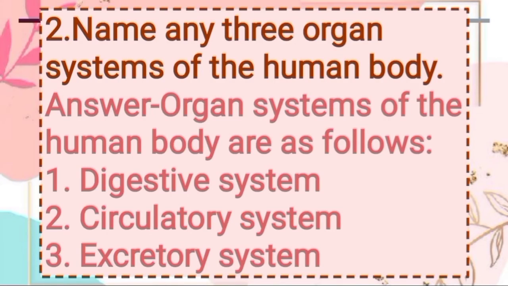Now second question, name any three organ systems of the human body. Answer, organ systems of the human body are as follows. First, digestive system. Second, circulatory system, which is an organ system that helps to transport substances inside our body.